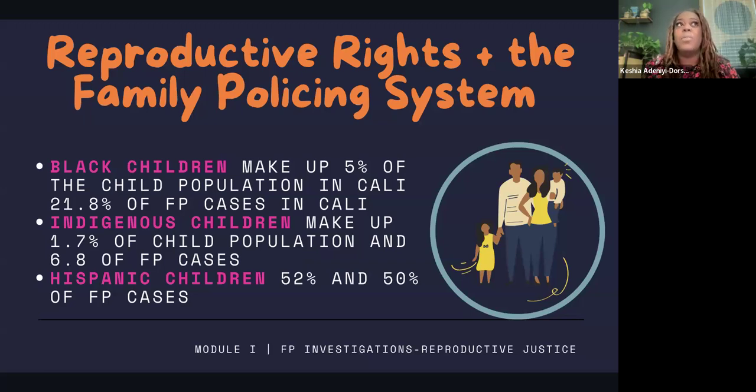So we make up even less of a percentage of the entire state, but we make up 21.8% of family policing cases in California. Indigenous children only make up 1.7% of the child population, yet they are 6.8% of family policing cases. Hispanic children, 52% and 50% of family policing cases.